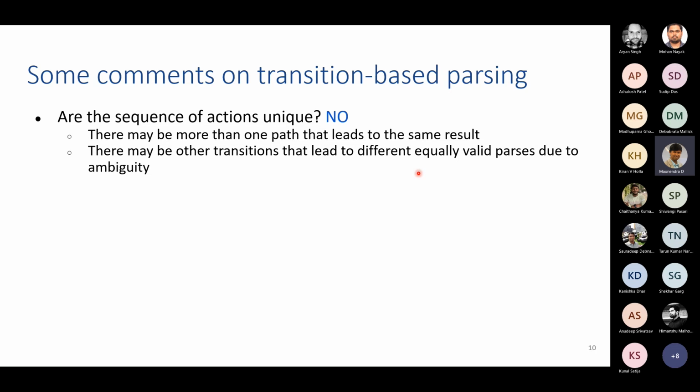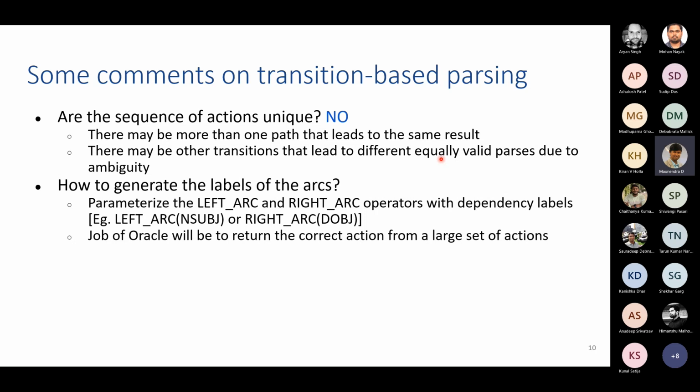So here also, if the sentence is ambiguous, there can be multiple equally valid parses. Or even if they're not equally valid, one parse could be more meaningful and more suitable, the other one may not be. But there can be multiple valid parses. So that's one thing. And the second thing was how to generate the labels for the arcs.